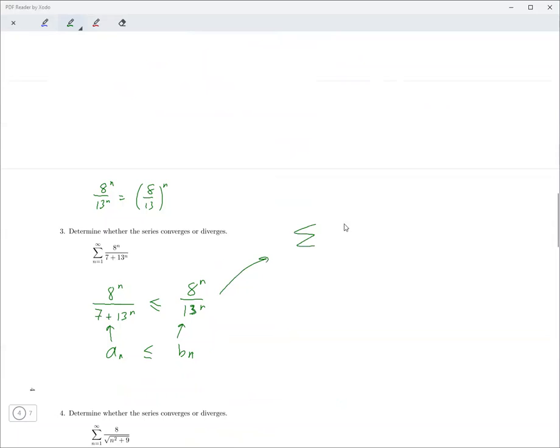We also know that if you take these terms, this one converges because 8 over 13 is less than 1, because 13 is more than 8.